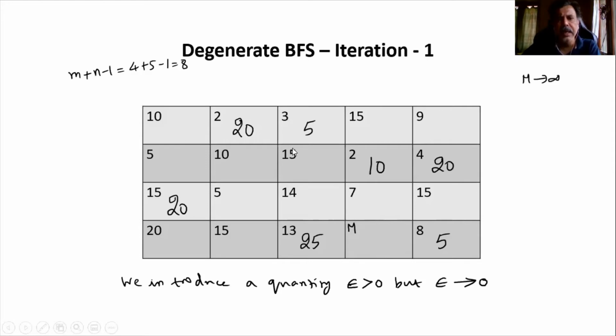So in these unallocated cells, generally we choose that particular cell which has got the least cost. Either I can choose this 5, because 5 is the least now, this 5 or this 5. But since there are already 2 allocations in this row, let me choose this 5 as the unallocated cell where I will be allocating this epsilon.